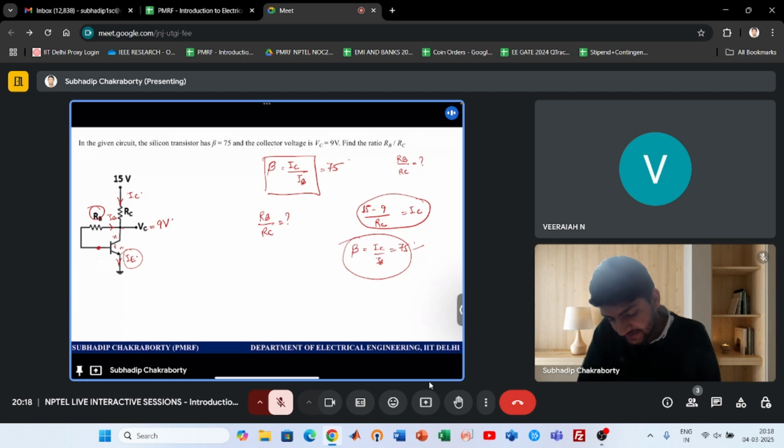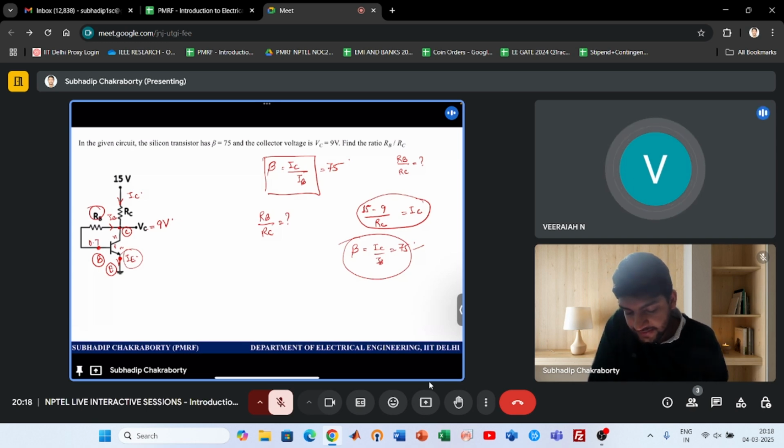So this is the base junction, right? This is the collector junction. This is the emitter junction. So what is the voltage? Base emitter voltage I told you is always 0.7 volts. Remember this. This helps.